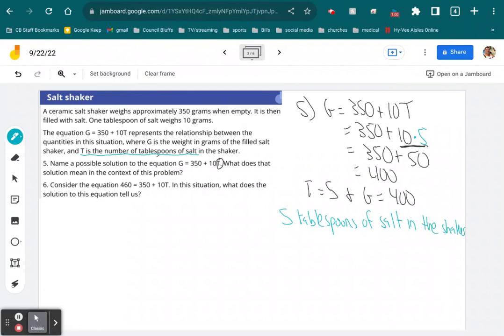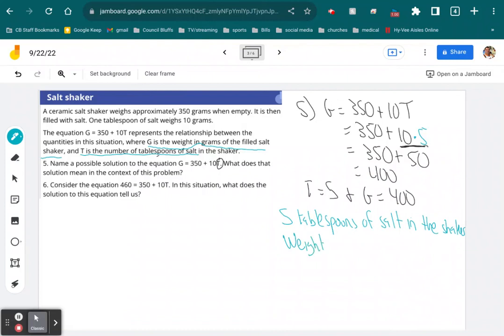And then G equals 400. Remember up here, G is the weight in grams of the filled salt shaker. So this is telling me that the weight of the filled salt shaker is 400 grams, since G equals 400.